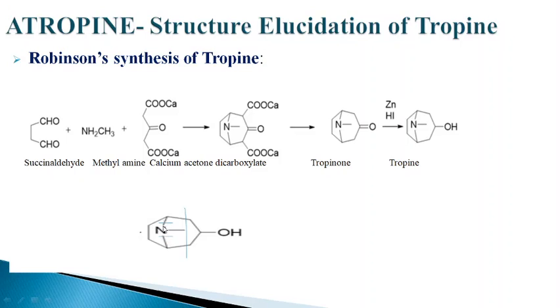Secondly, you can see this simple degradation product is methylamine, CH3NH2. He took methylamine as the second reagent. And the third one is acetone, CH3COCH3. Instead of acetone, he took calcium acetone dicarboxylate.